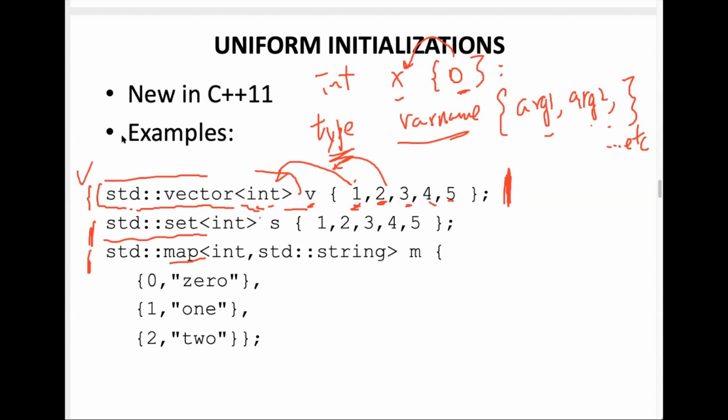But in this class, we're probably going to be using these two in your homework assignments. As you can see here, using uniform initialization allows you to quickly assign values to these data structures and ADTs. This is a very, very efficient way of doing things without using iterators or a for loop.